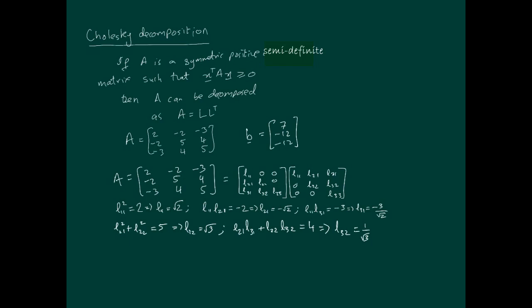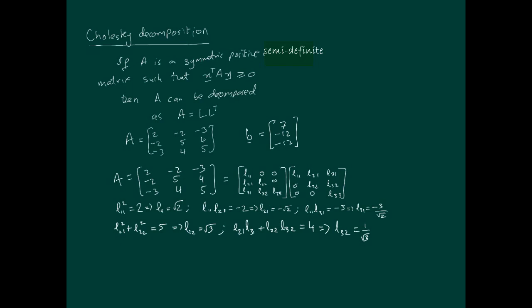Next we'll move on to the final row, and the first element is something we already have used up, L31 L11. So we move on to the next one, which is L31 L21, which we have also used up.